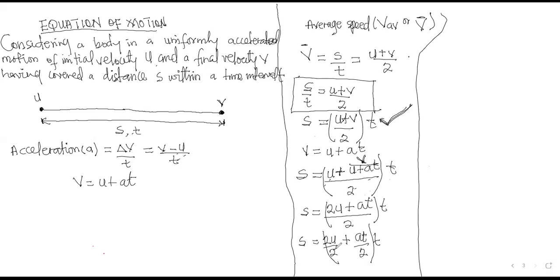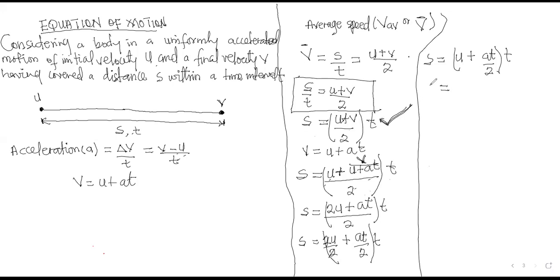This 2 cancels this, and s equals u plus at over 2 times the t outside the bracket.